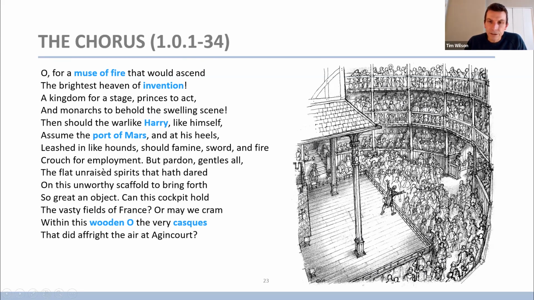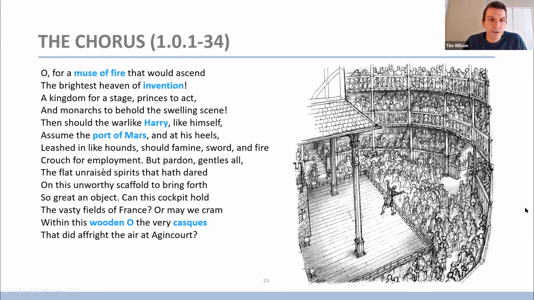So this character comes out, addresses the crowd as a chorus and says, "Oh, for a muse of fire that would ascend the brightest heaven of invention, a kingdom for a stage, princes to act, and monarchs to behold the swelling scene. Then should the warlike Harry, like himself, assume the port of Mars, and at his heels, leashed in like hounds, should famine, sword, and fire crouch for employment.